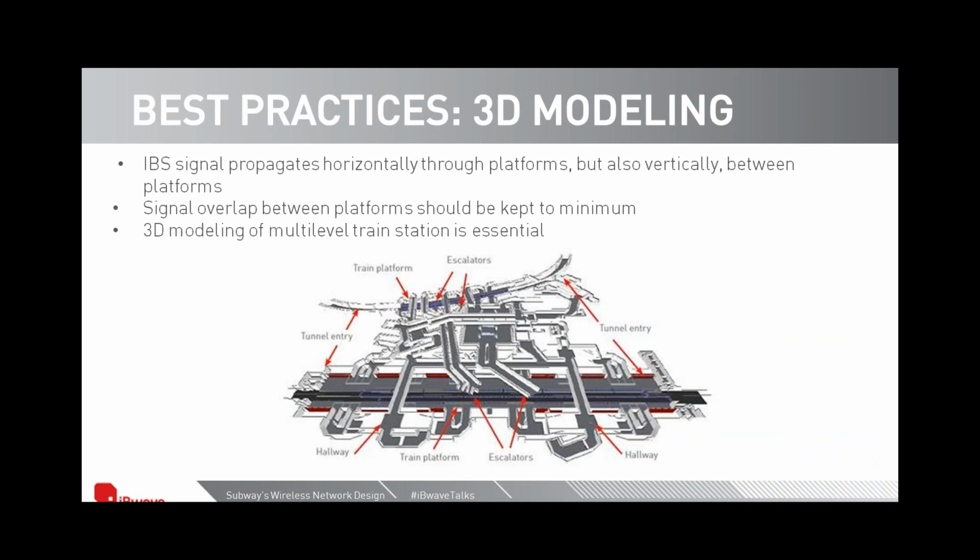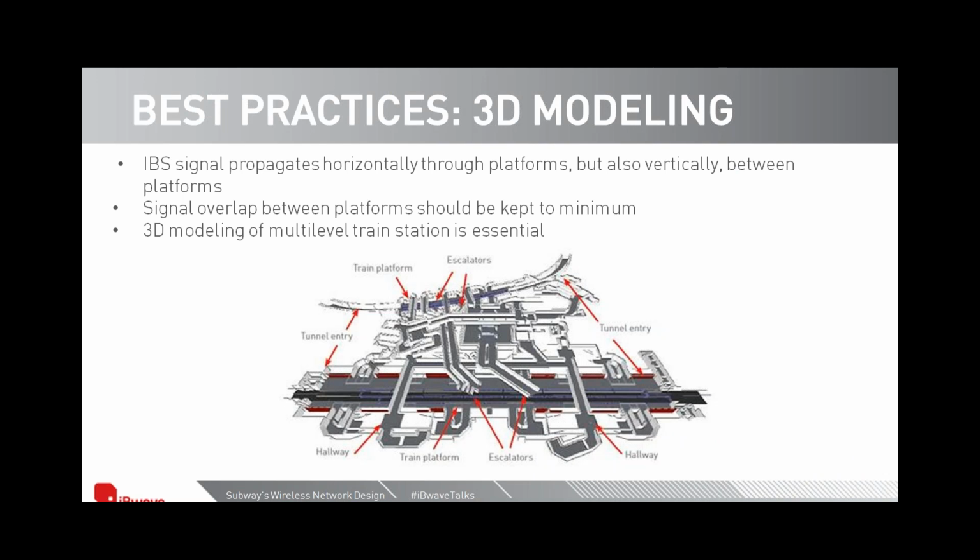First up is 3D modeling, because the signal propagates horizontally through platforms, but also vertically between platforms, and vertical signal overlap is not something that we desire for the sake of keeping SINR or C2I clean. We would like to keep that signal overlap to a minimum.